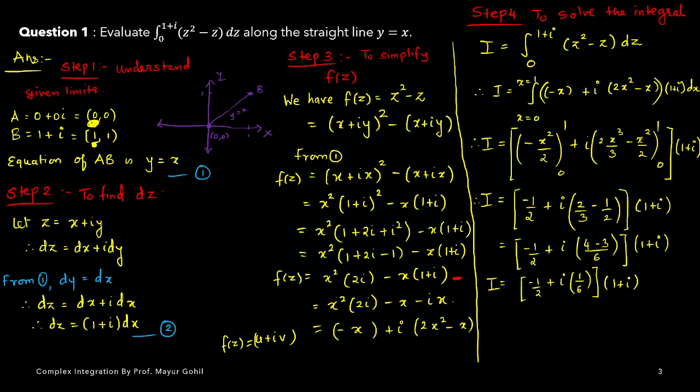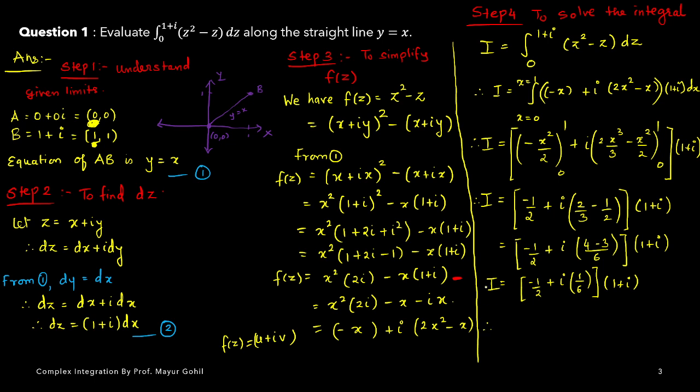And then when you multiply this with minus 1 by 2 plus i by 6, you will get the answer over here.